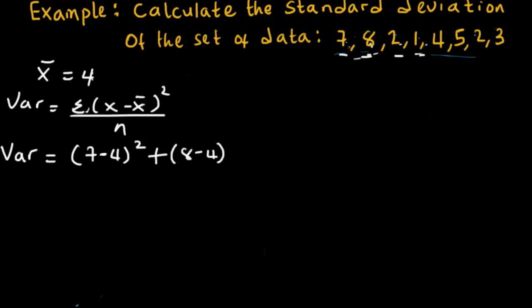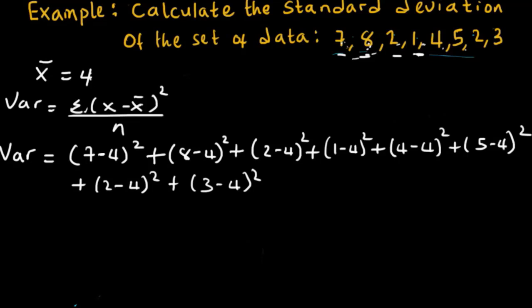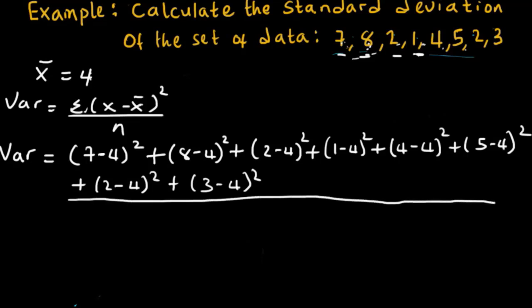Minus 4 squared plus 2 minus 4 square plus the next digit 1 minus 4 square plus 4 minus 4 square plus 5 minus 4 square plus 2 minus 4 square plus 3 minus 4 square. Does this make sense? Now all over, remember n is the number of terms and we've got 8 terms, so all over 8.